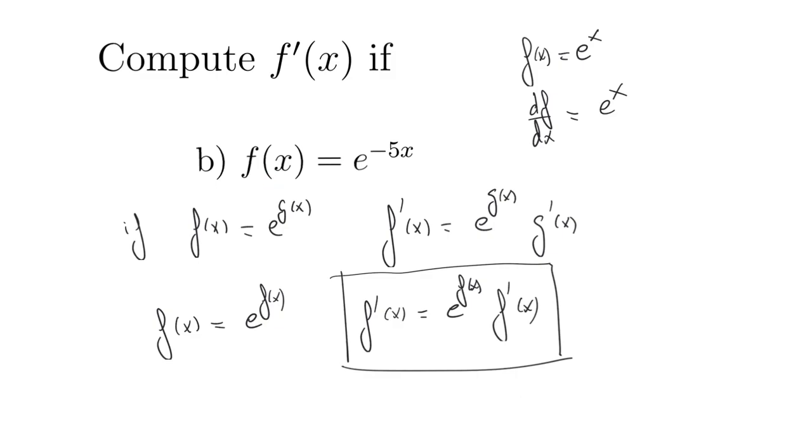So in this case, f of x is... I made a mistake. I made a big mistake. I should put here e to the g of x. Sorry. So the derivative f prime of x is, let me erase here, e, let me erase here, sorry.